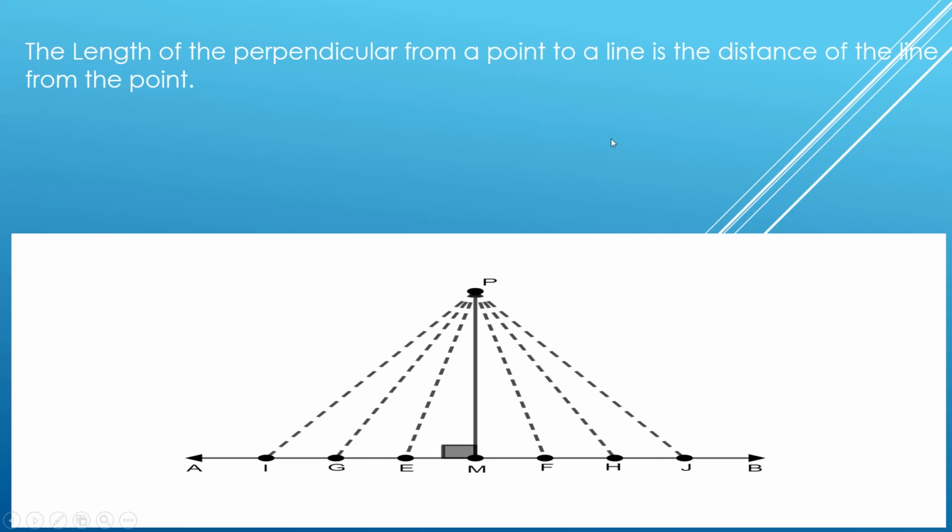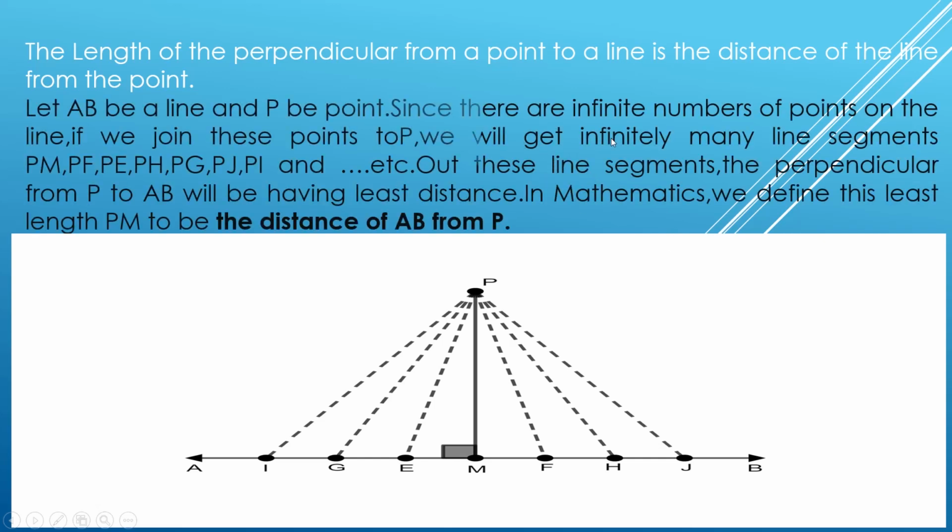Here we have a line AB and a point P. After that, consider some points on the line AB, or some infinite points maybe.